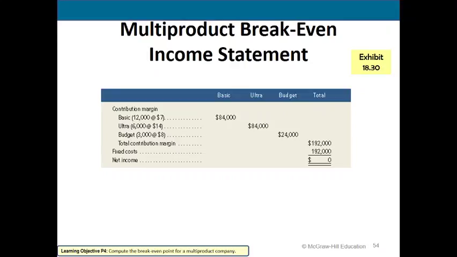Ultra, 6,000 cuts times 14 is 84,000, and Budget, 3,000 times 8 equals 24,000. You sum those up, you come up with total contribution margin of 192,000, and that equals your fixed costs. Therefore, you're at break-even with a net income of 0.